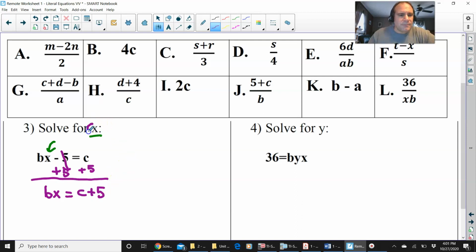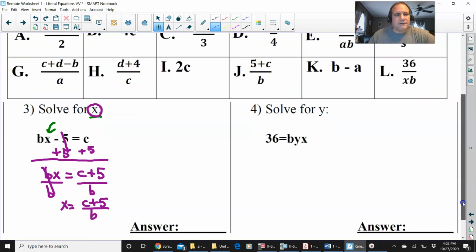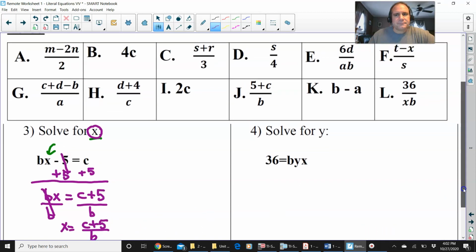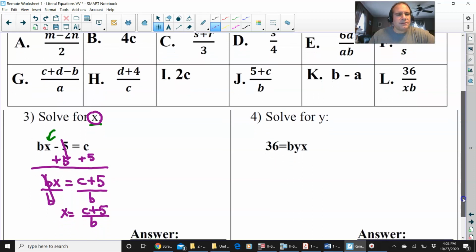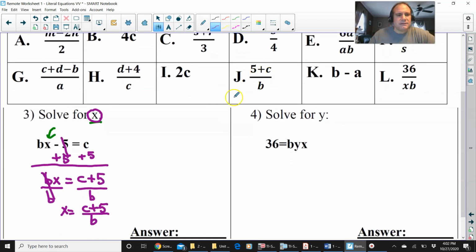The last step, remember, I want to solve for x, so I need the x alone. The last step is to actually divide by whatever I want to cancel, and I want to cancel the b. So I have x equals c plus 5 over b. C plus 5 over b is 5 plus c is j. Same thing, because addition is commutative.